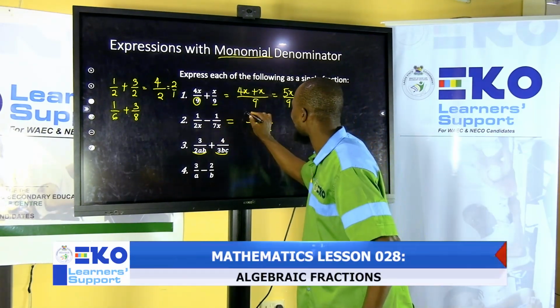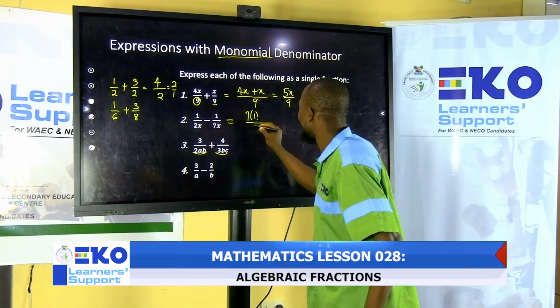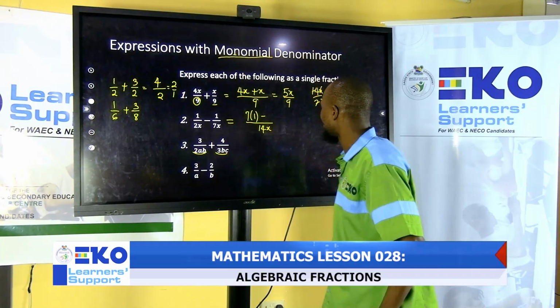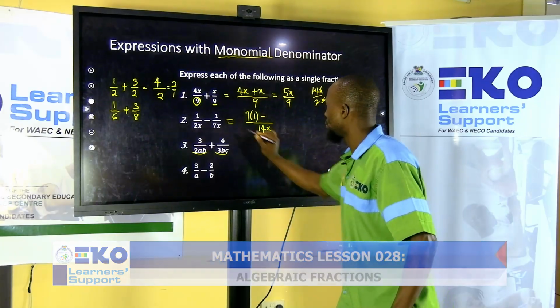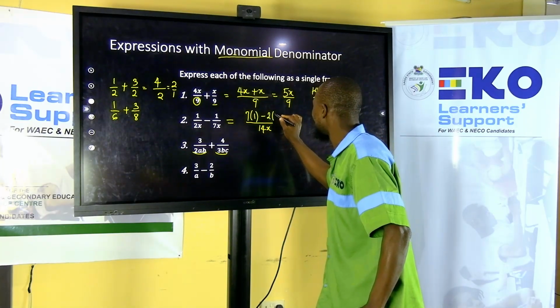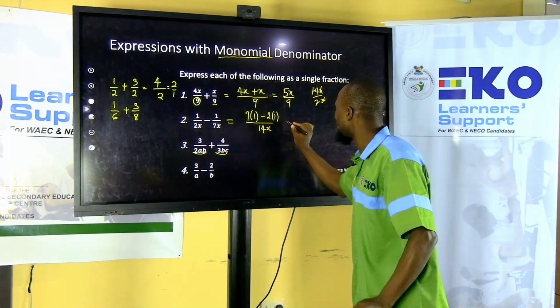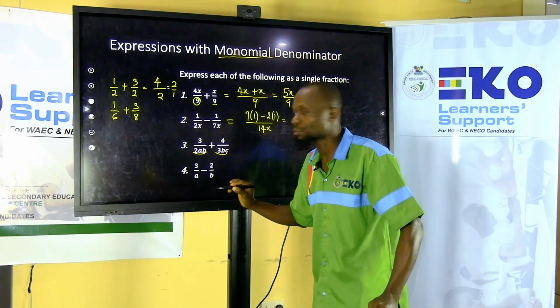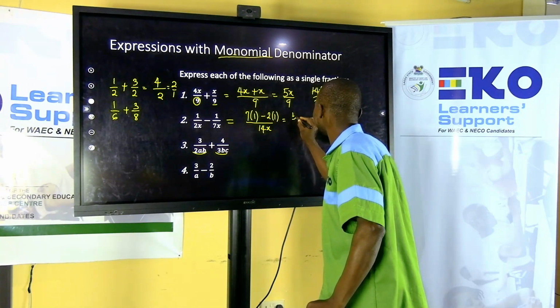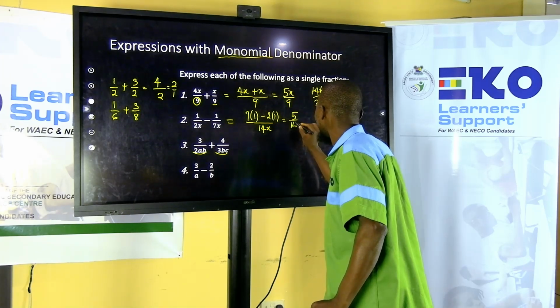So 7 multiplied by 1. Yes, minus 14x divided by 7x. That's 2. 2 multiplied by 1. All right, so in this case, we have 7 minus 2. And 7 minus 2 is 5. So that is 5 over 14x.